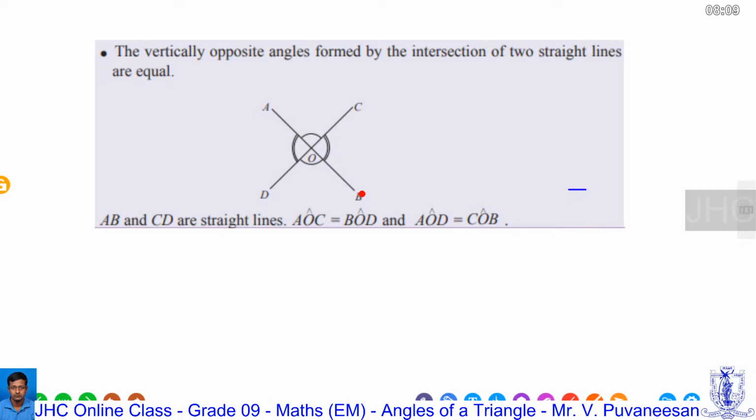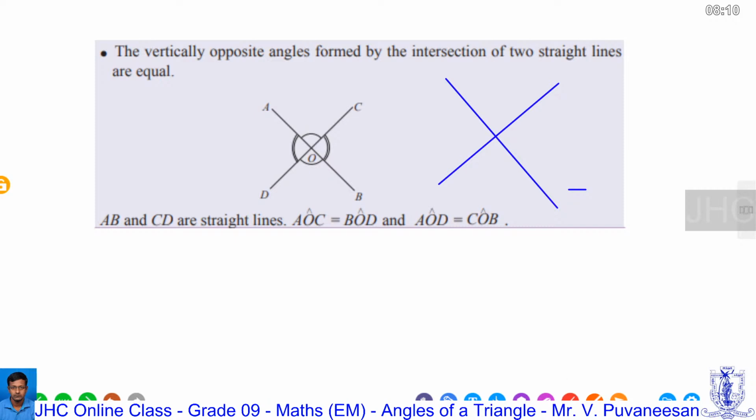Here AOC equals BOD, since vertically opposite angles are equal. At the same time, AOD equals COB. You already know these angles. Look at this.